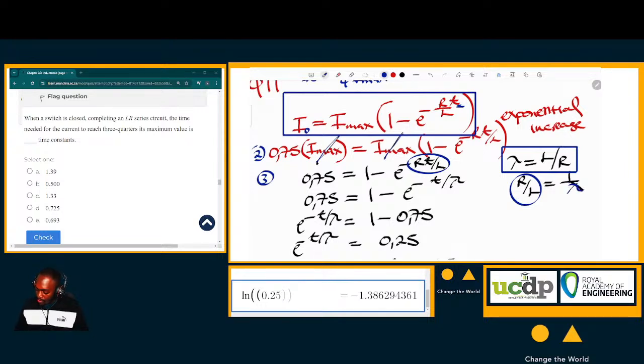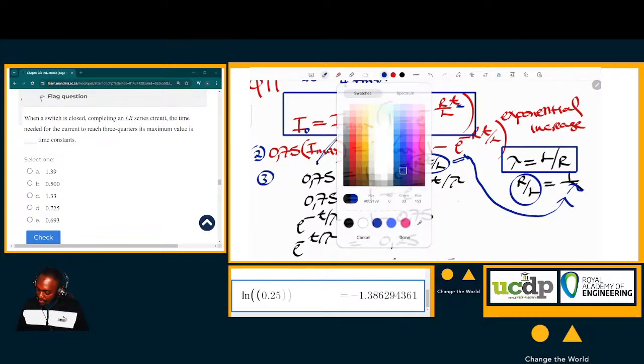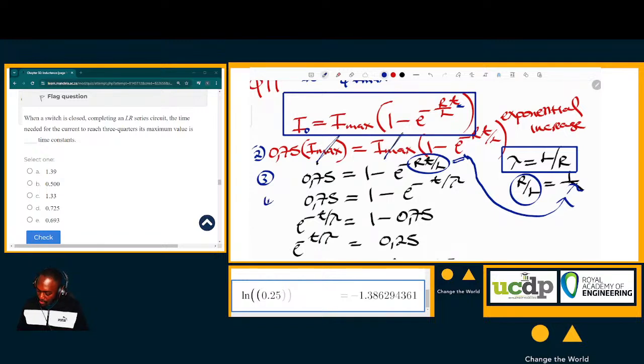Why did I do that? Because the expression I have here is resistance over inductance. So in place of resistance over inductance, I have substituted that, and that gives us the expression we have here on equation number 4.